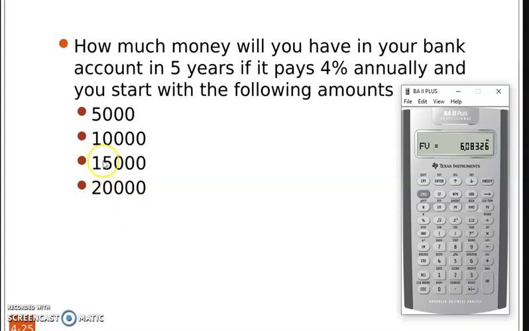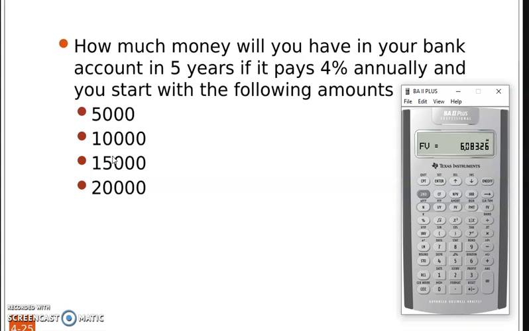Let's look at the next problem, which states that instead of $5,000, I am going to invest $10,000. So if I'm going to invest $10,000, what am I going to be left with at the end of year 5 if the interest rate is 4% per annum?